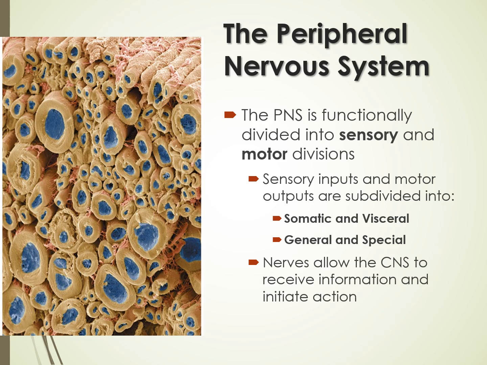When we talk about the peripheral nervous system as a whole, it's really a communication system to the central nervous system. It's receiving information from either outside the body or inside the body and sending it to the central nervous system. It also initiates any sort of action that the central nervous system tells it to do.